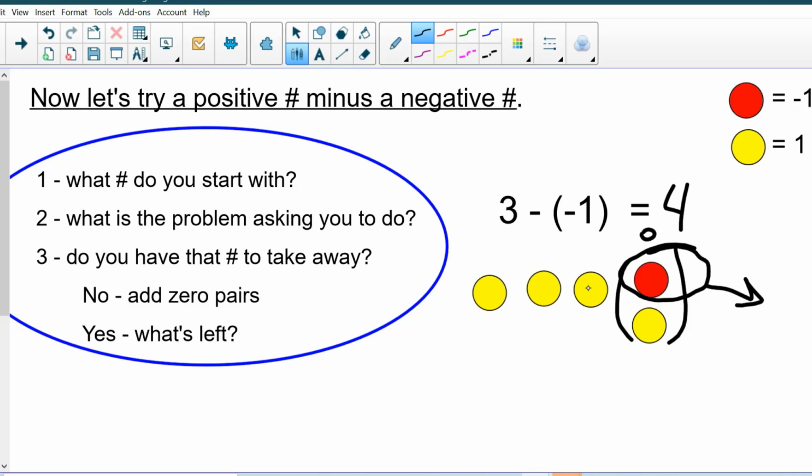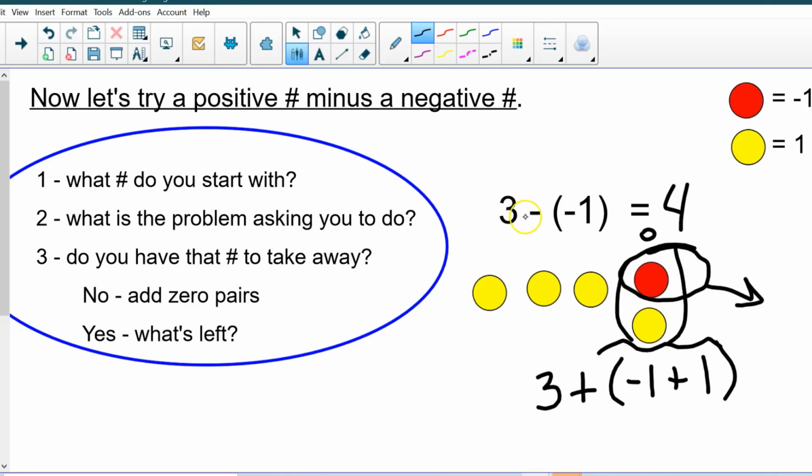Now, just to show you in numbers what I did with the counters, I'm just going to write it out in numbers. So we started with 3 positives, right? It said take away 1 negative. I didn't have that. So what did we add? We put on a 0 pair, 1 0 pair. That's all I really needed for this one, right? So I added a -1 and a +1, remember, because this is our 0 right here, 0 pair.